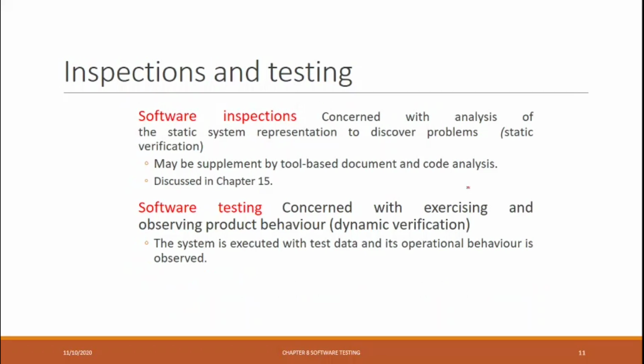So next is inspection and testing. Software inspection is concerned with the analysis of the static system representation to discover problems, maybe tool based, with document as well as code analysis.